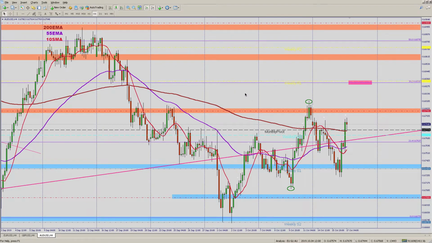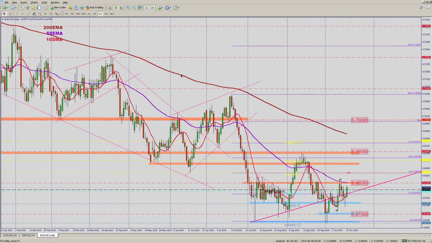Right, so we'll watch out if the Aussie dollar can continue higher and resume its recovery. Right, and this is trying to reach the 38 fib retracement level, if we can break through the 0.68 round figure resistance.